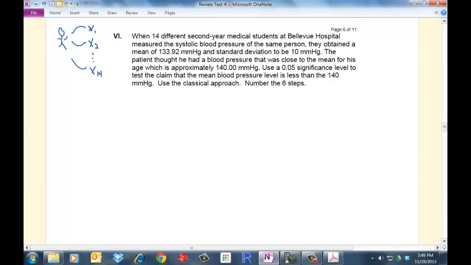The patient thought he had a blood pressure that was close to the mean for his age, which is approximately 140. Use a 0.05 significance level to test the claim that the mean blood pressure level is less than 140 millimeters of mercury.